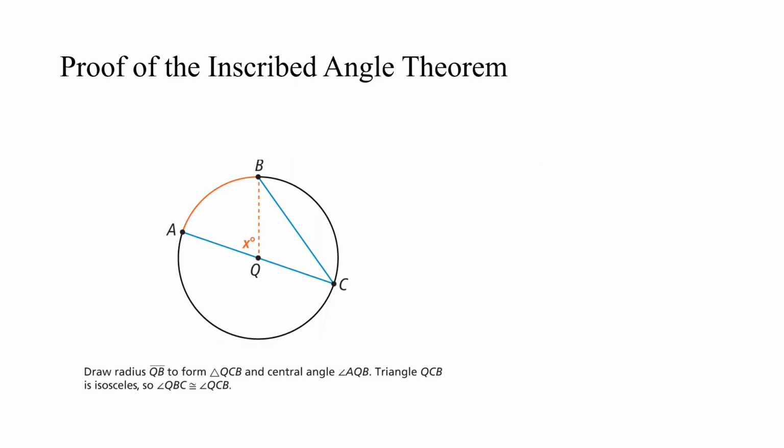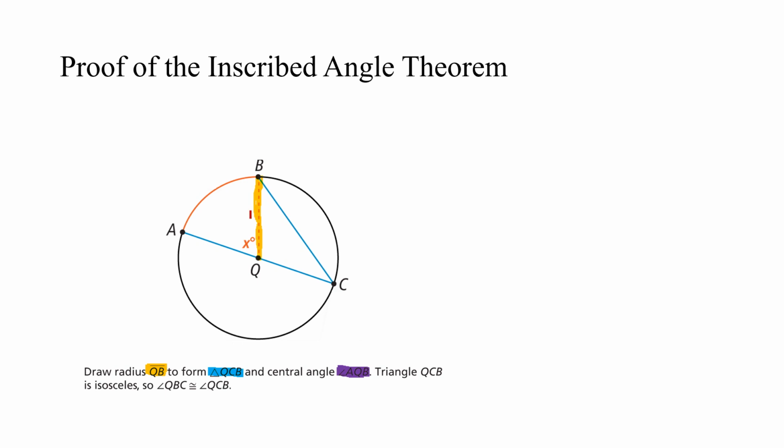The first thing that we want to do is to draw a radius QB, which is going to be this segment here. And when we draw this segment, we form two things. First, we make a triangle QCB, and we also end up making a central angle AQB.